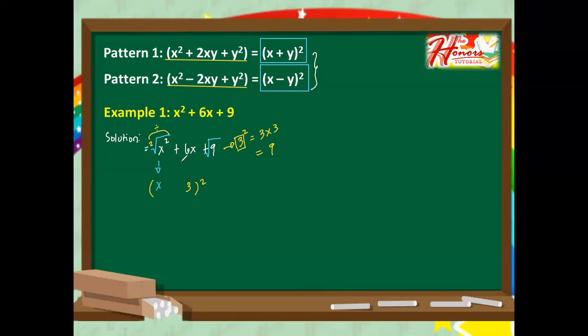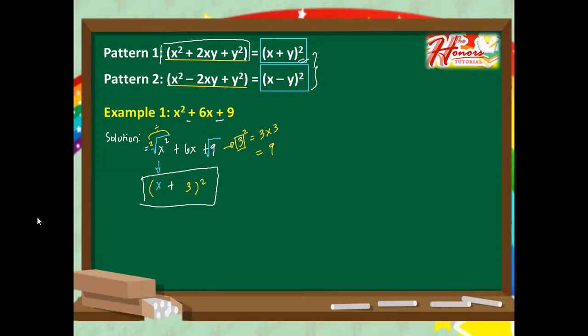So this given, which is x squared plus 6x plus 9, contains positive and positive in between the terms. So therefore, we will be using pattern 1 because the given is both positive numbers between the terms. So we will be using the quantity of x plus y squared. So this is plus, and this is the final answer already.